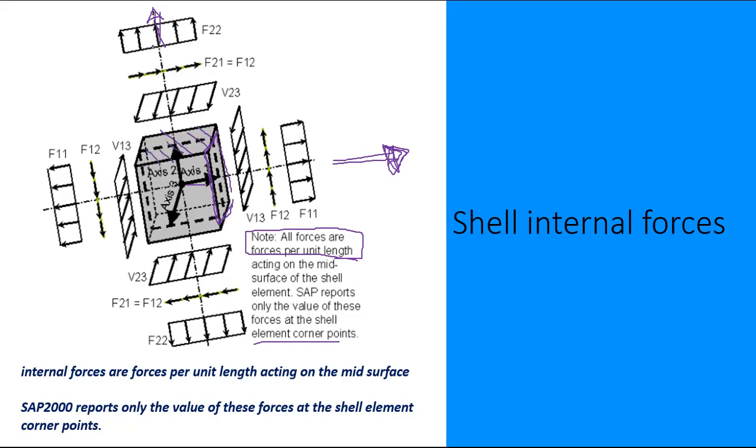These are the shear components, and F12 and F21 are equal. One acts on the second face along the first direction, and the other acts on the first positive face along the second direction. These are called the membrane forces.